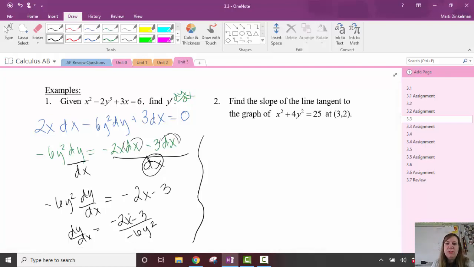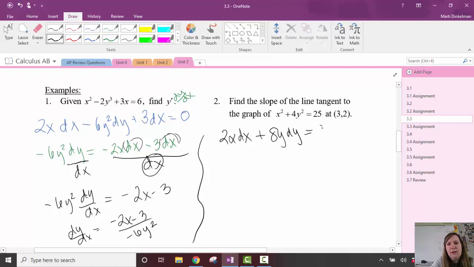Same thing on number 2. It says the slope of the tangent line, which is really the derivative. We're going to do this because we have a mixture of x's and y's again. So 2x dx, 8y dy, equals 0. I'm going to leave the dy on the left-hand side and move the dx over to the right-hand side.